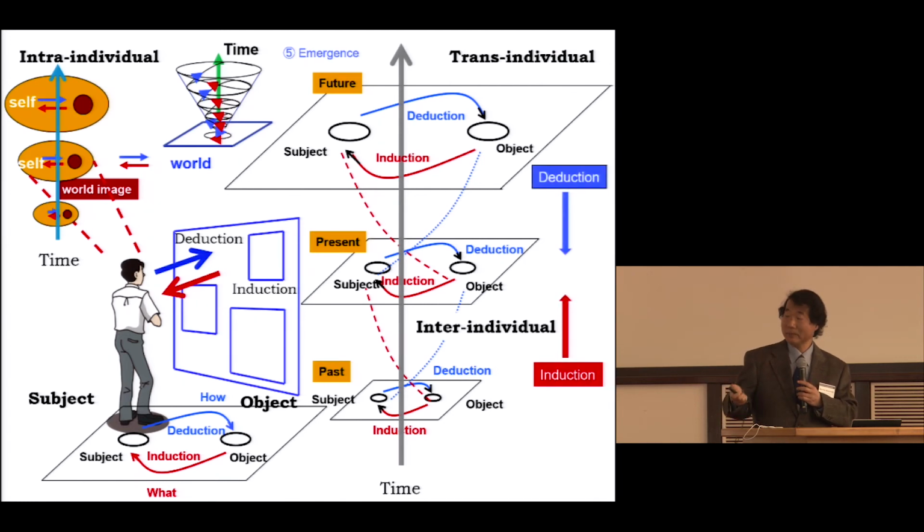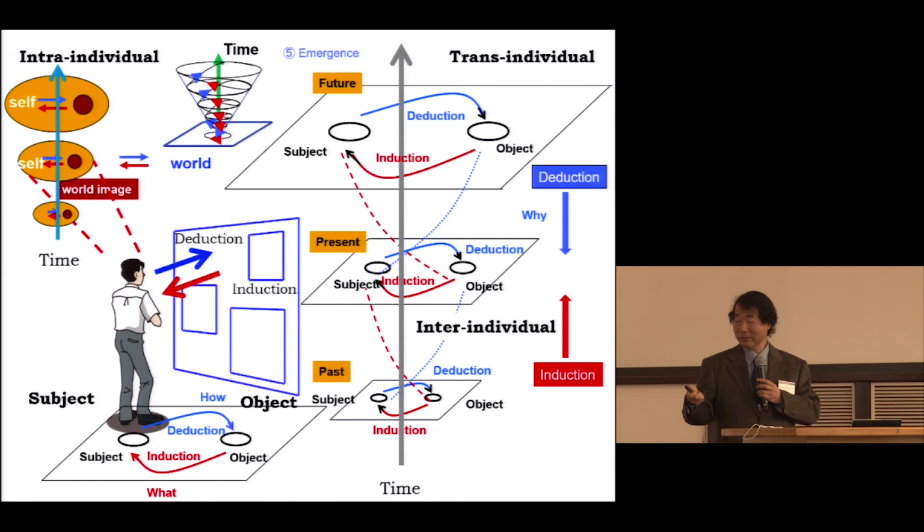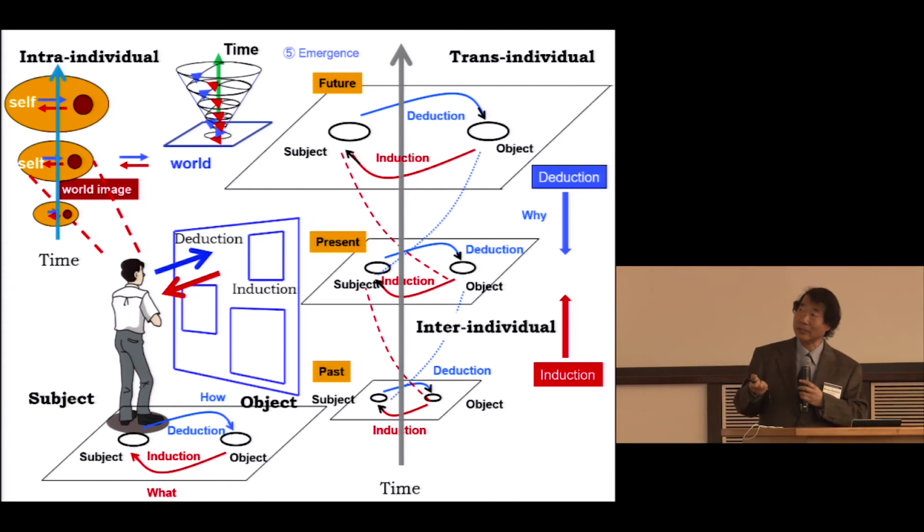Then, from the future perspective, we can now understand why we are doing something now. This is meta deduction. And from the past and present way we are thinking, induction. This is a new dimension in addition to the original one.